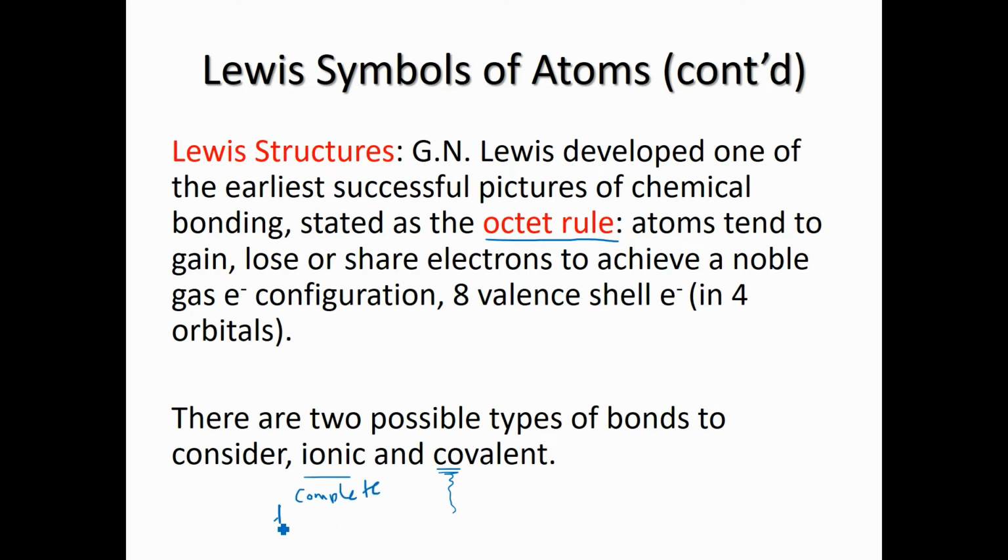So here you have complete electron transfer, but here you have sharing of electrons. In sharing electrons, either one element is giving the two electrons to make a bond, or each of the partnering elements is donating one electron each to make two electrons which make a bond.